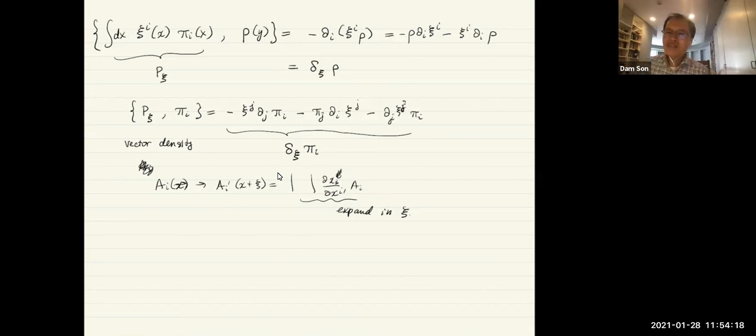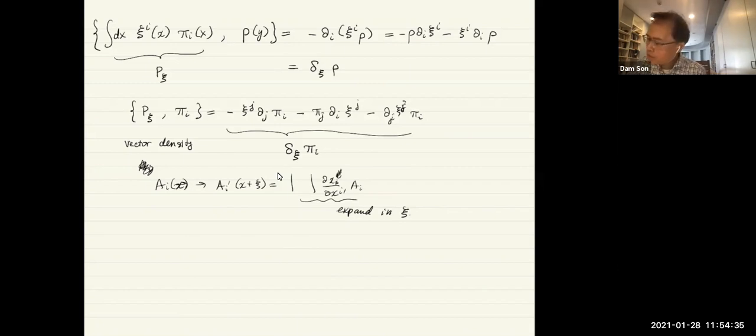So again, there is a curious connection of the hydrodynamic Poisson algebra with infinitesimal coordinate transformation in differential geometry.